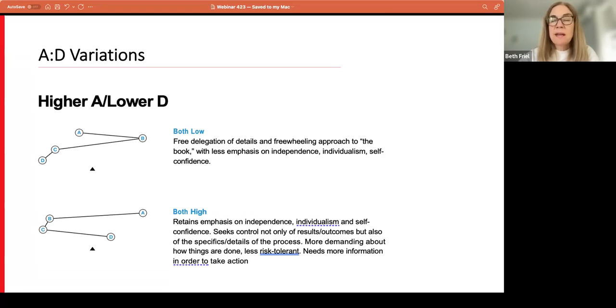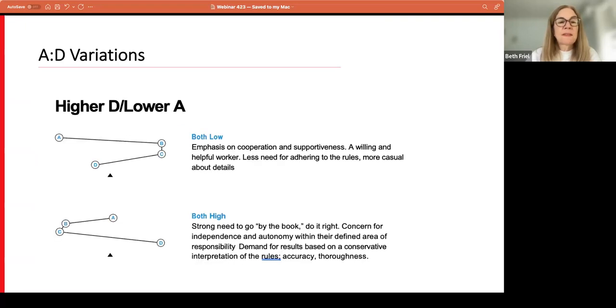When they're both high, they'll take some business risks if they have a lot of information, but they don't need complete information. Less risk tolerant. And then we can have both low, higher A and D, still cooperative and supportive, less need for adhering to the rules.